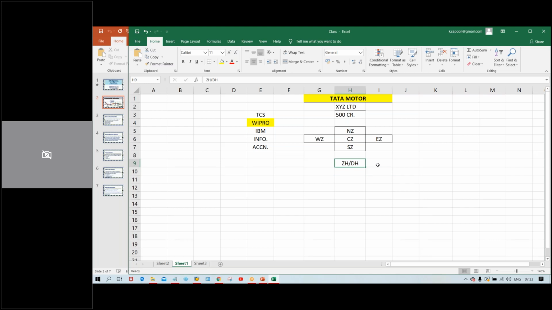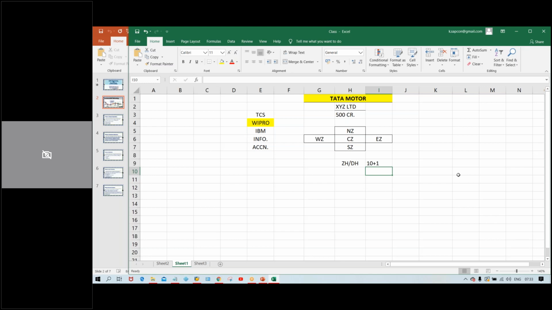This one zonal head will have multiple projects. Let's suppose 10 projects are already running for the North Zone. Now 10 plus 1, so it becomes 11.